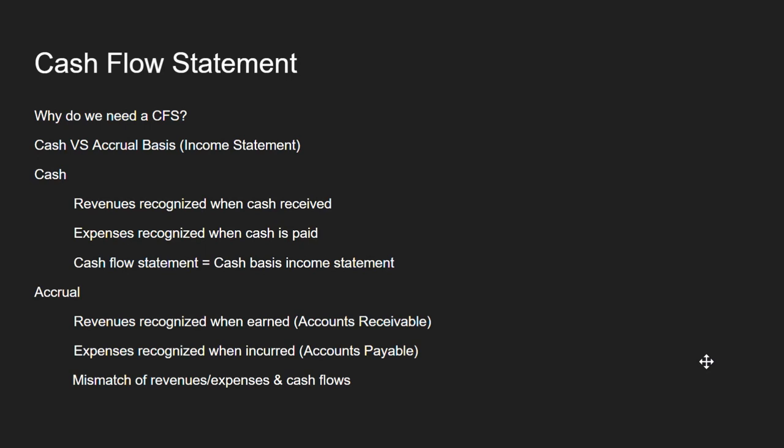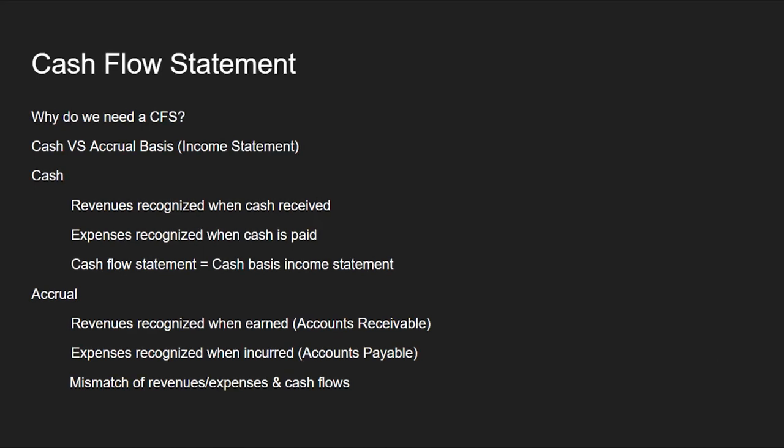What happens is that the cash basis income statement ends up conveying the same information as the cash flow statement. The trouble comes when an entity is using the accrual basis. Under the accrual basis, revenues are recognized when earned, not collected, which means if the customer hasn't paid you, you would book an accounts receivable. And with expenses, they are recognized when incurred.